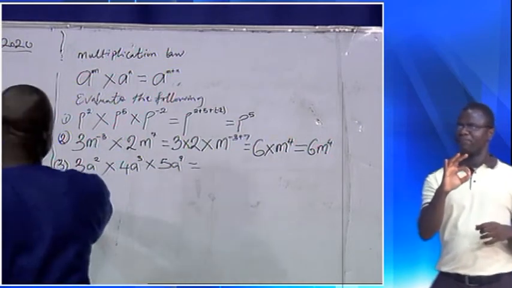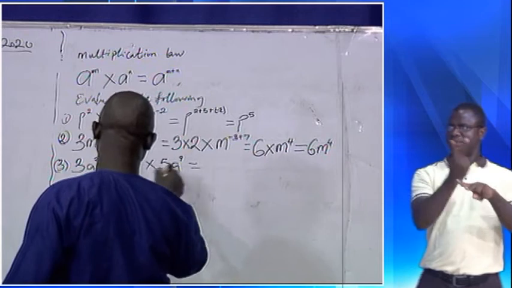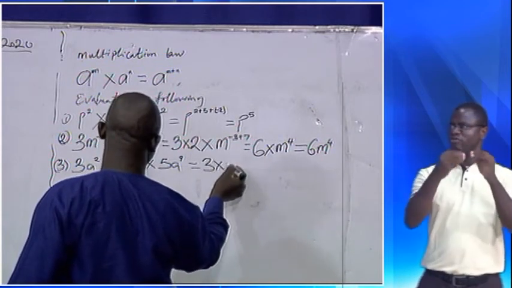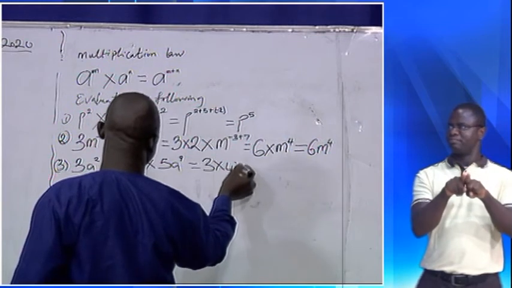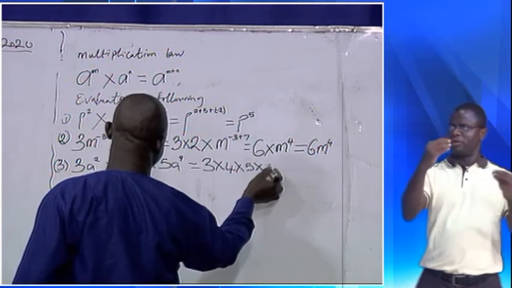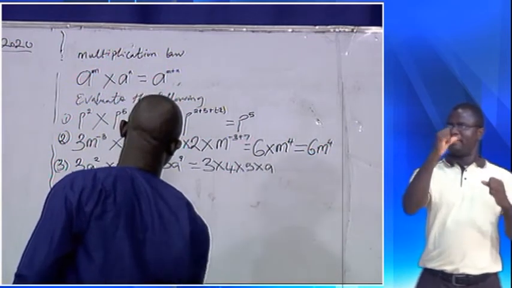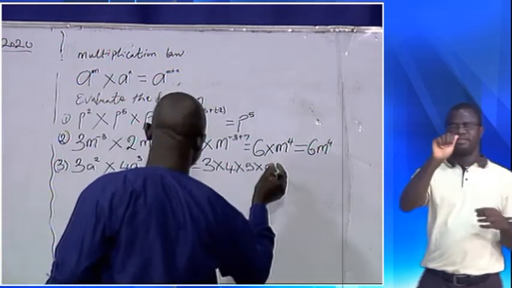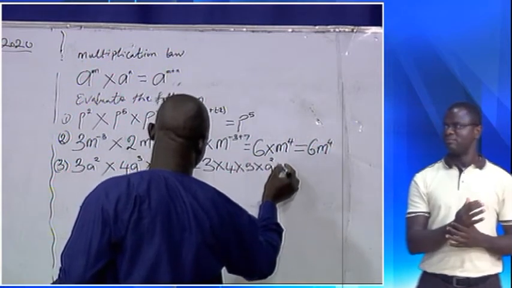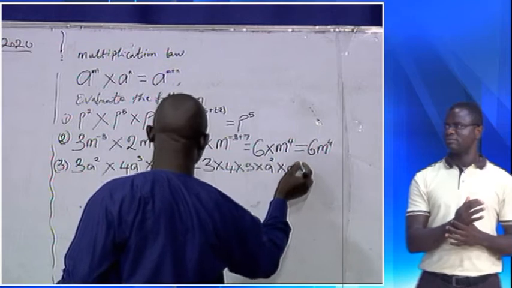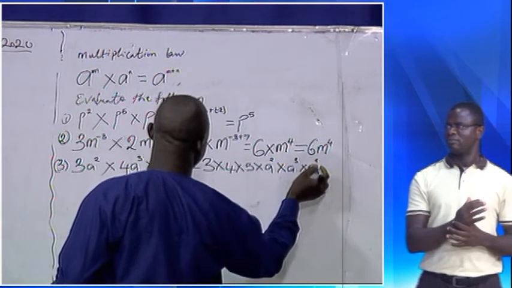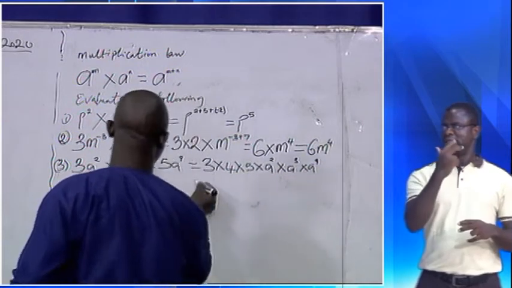The coefficients are 3 multiplied by 4 multiplied by 5. Then we multiply by a raised to power of 2 multiplied by a raised to power of 3 multiplied by a raised to power of 9.